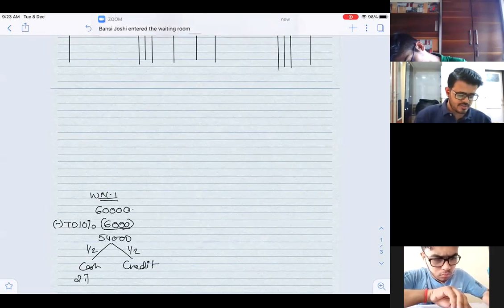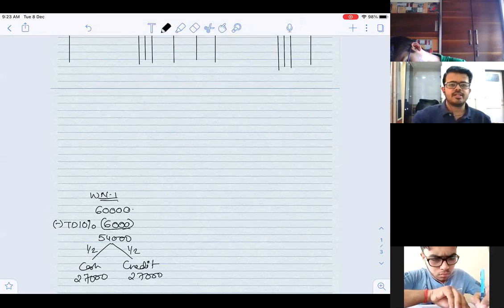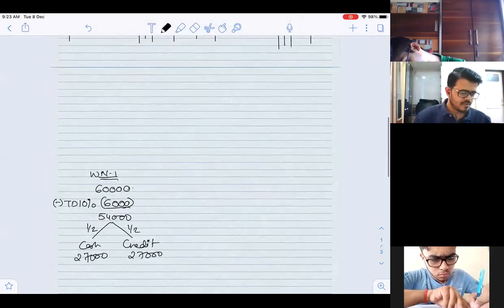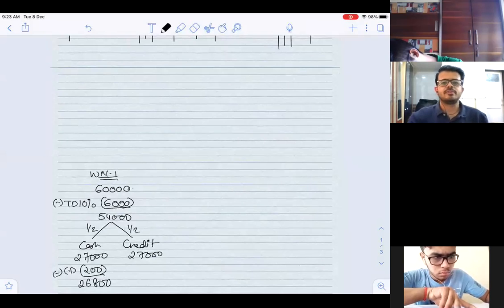Cash part is 27,000. Credit part is 27,000. The cash part you take CD, rate नहीं दिया, 200 rupees दिया, तो less CD 200. You arrive at 26,800. 26,800 rupees is your final amount, correct?